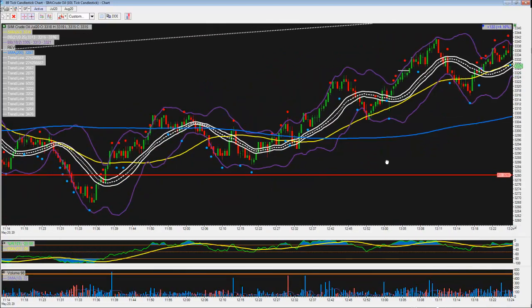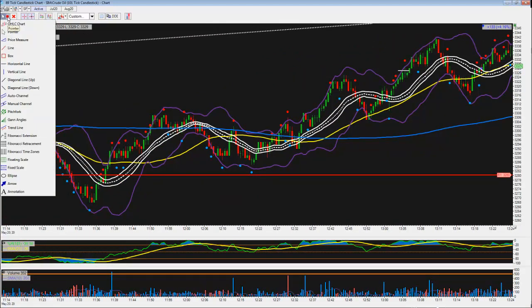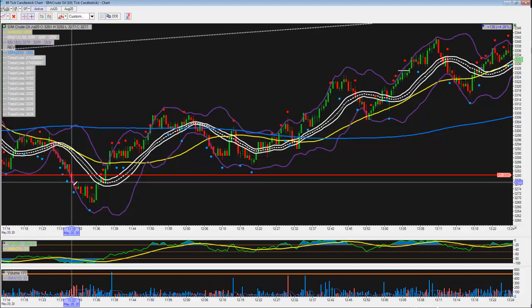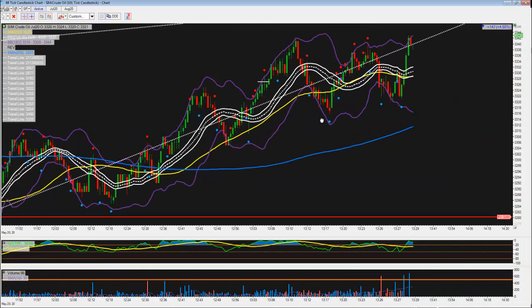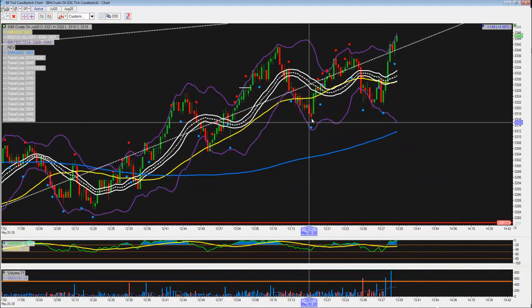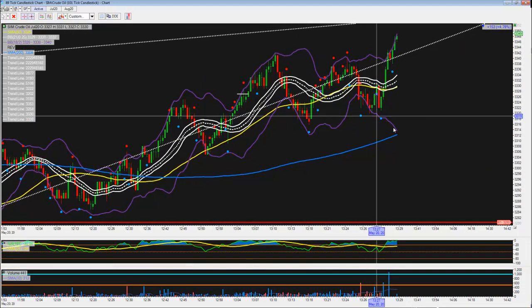And that's a good setup. Now it's taken off the other way. Yeah, see, it didn't want to go there.